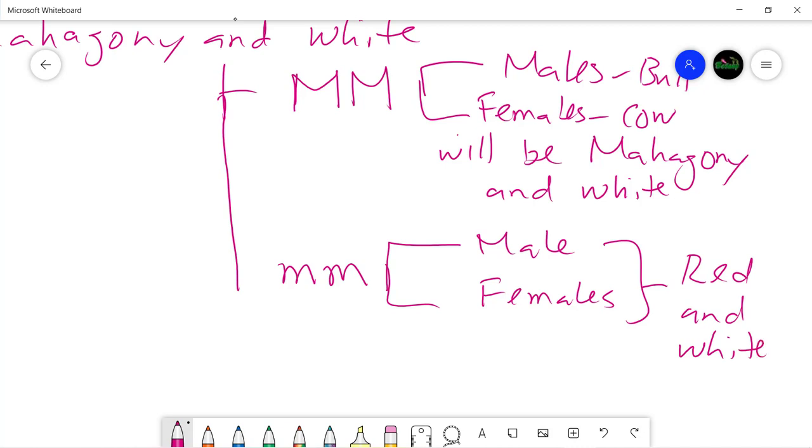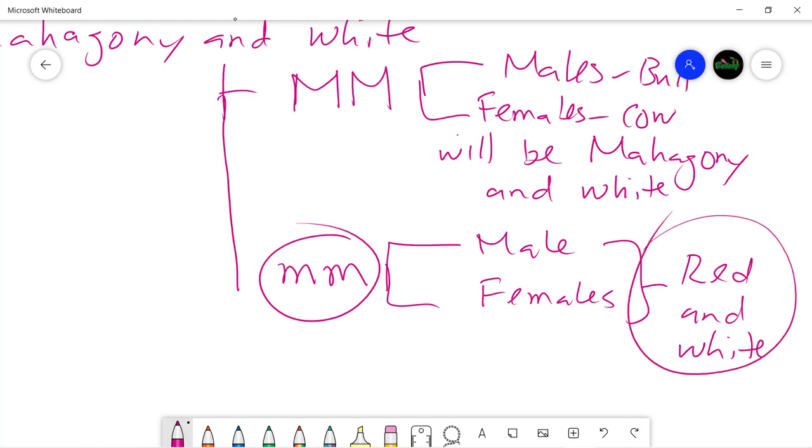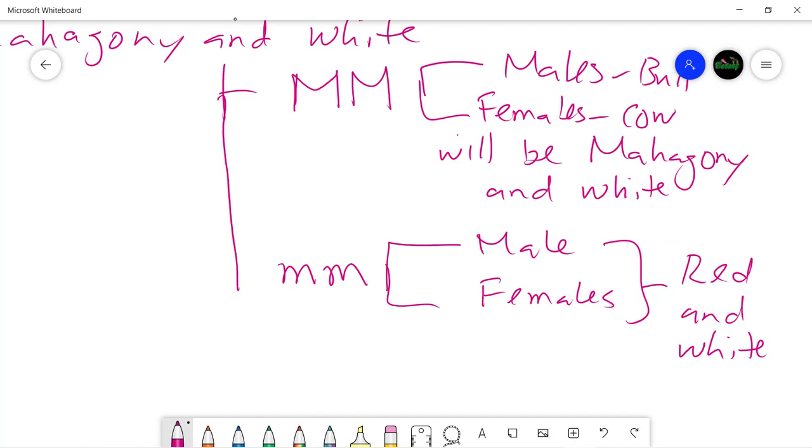So pretty simple as far as the homozygous conditions of these two alleles is concerned. When it is uppercase M and homozygous, then the bulls and cows, the male and female cattle, will be mahogany and white. And if it is lowercase m, then both male and female cows, both the genders, their skin color will be red and white.